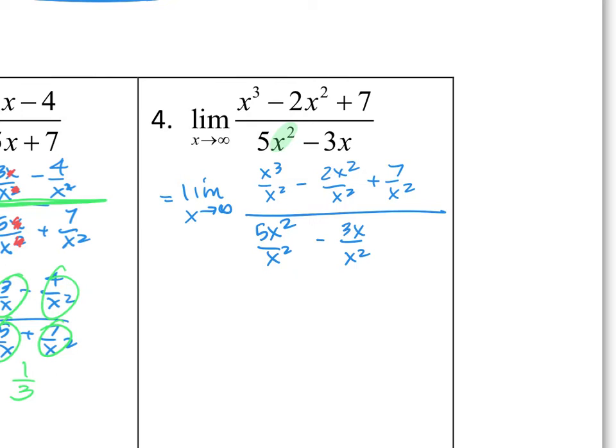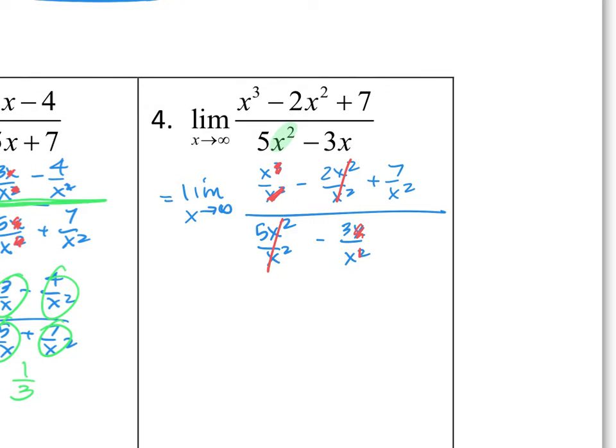This right here ends up being an x in the numerator. That goes to 1. The 7x squared stays the same. The x squared over x squared goes to 1. This one is left with just one exponent, or x to the 1 in the denominator.